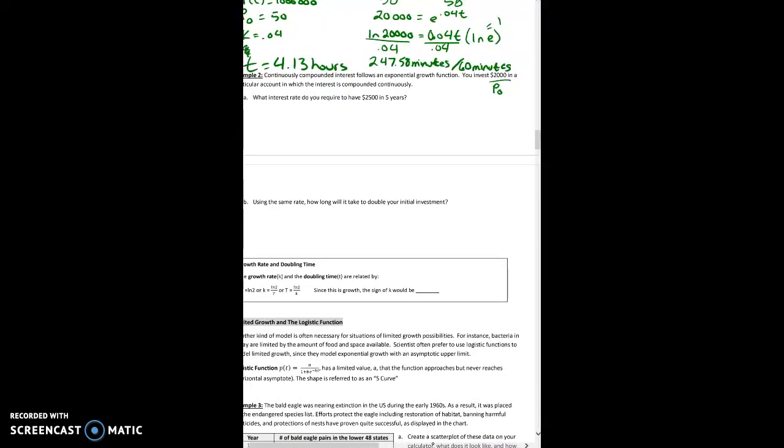It says, what interest rate do you require to have $2,500 in 5 years? So what we don't know is K. We know K equals question mark because that's our interest rate or the exponential growth rate. We do know that P of T is 2,500. And we know that time is 5 years.